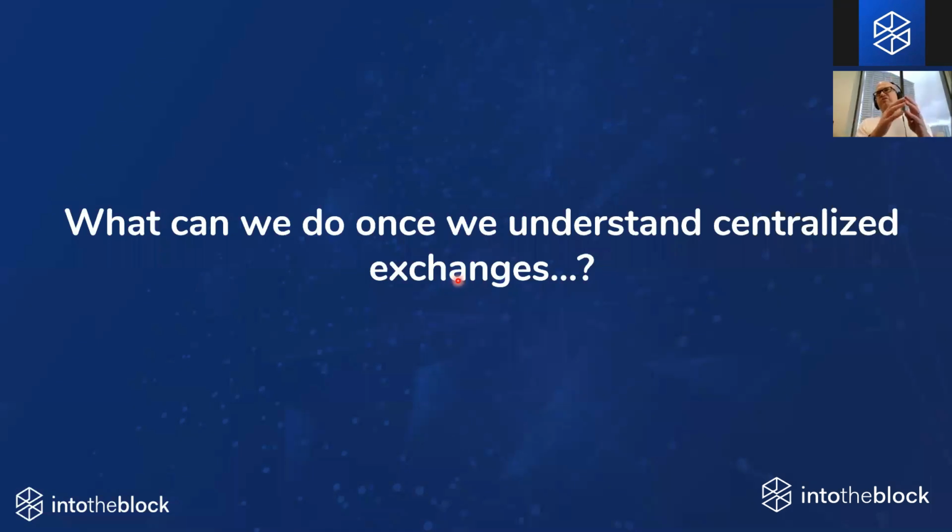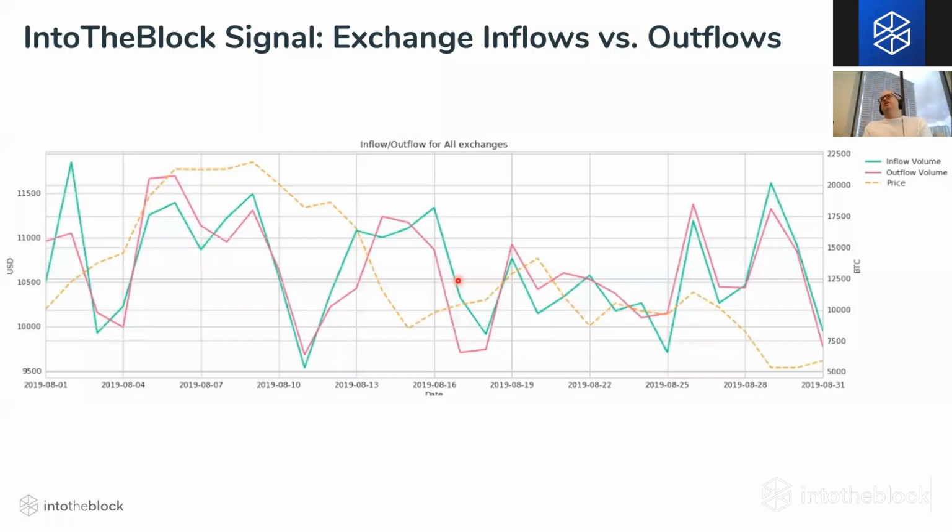So, going back to what we can do with this type of information, there are plenty of signals, plenty of insights that could be derived. One that we like a lot is to monitor inflows and outflows. This is an analysis in which we monitor the volume of inflows and outflows into an exchange and try to extrapolate patterns of whether that's increasing over time, a bullish sign, or decreasing over time, a bearish sign.